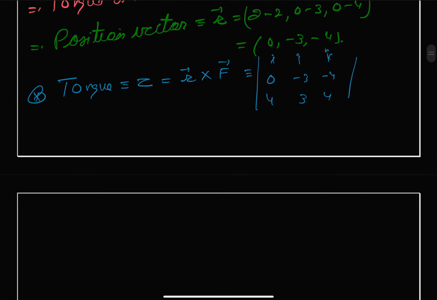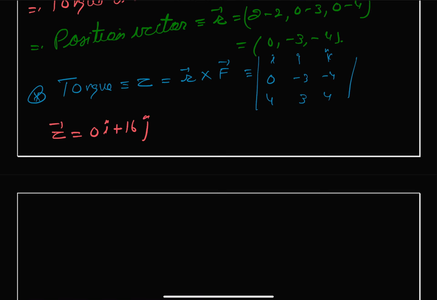We get that our torque will be equal to minus 12 minus 12 plus 12, which gives us 0i. This will be minus j, and it will be a minus of 16, that comes a plus of 16.